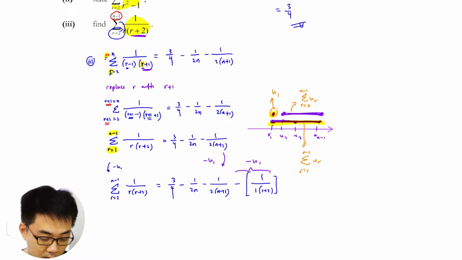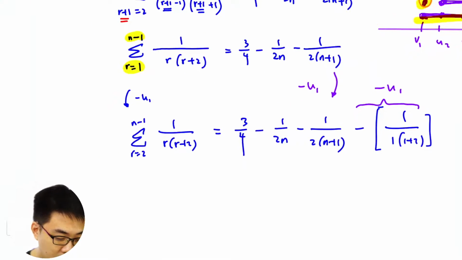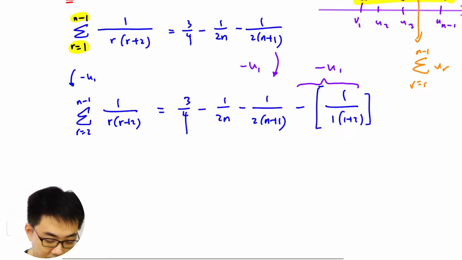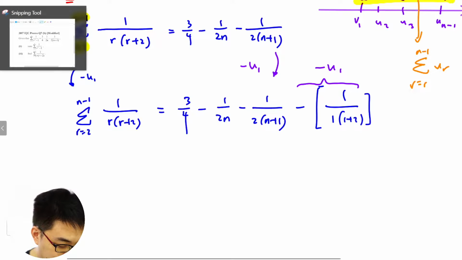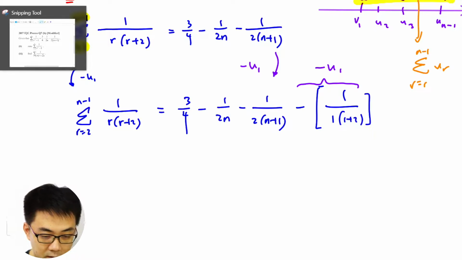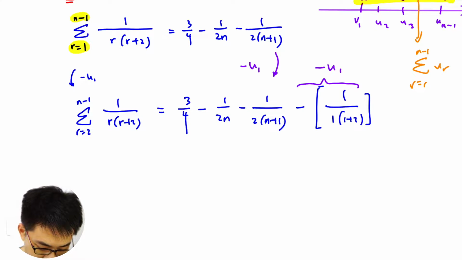So that is your value there. Once done, key in the calculator: 3/4 minus a half, minus a third. 3 over 4 minus 1 will be 5 over 12.